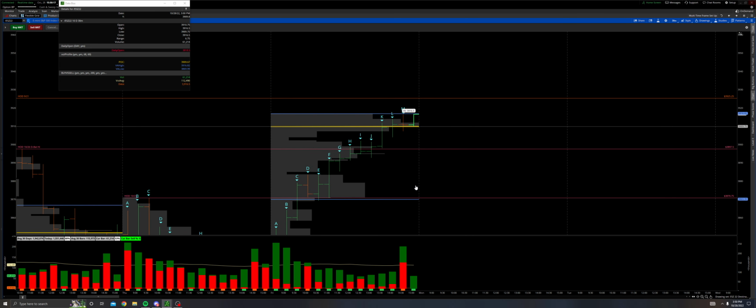From D's high to E's low, that's another distribution. And then from G's low to I's high is another distribution. So one, two, three, and then from L's low to M's low is the fourth distribution. So we have a quadruple distribution.